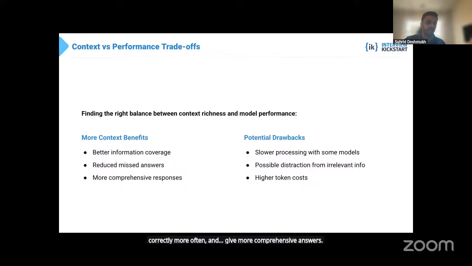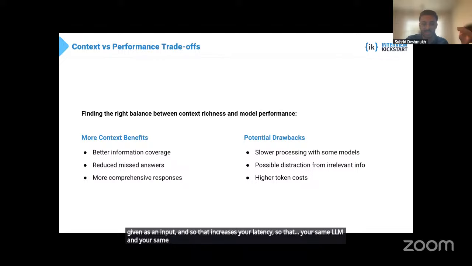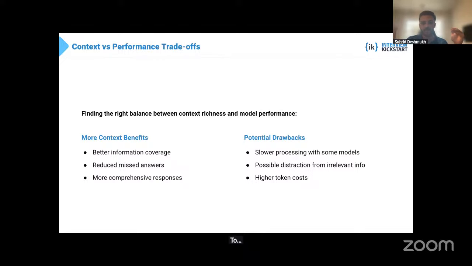But then, as you can imagine, because you're throwing more and more context and more text at the LLM, it has to process each of those chunks and the documents that you have given as an input. And so that increases your latency, so that your same LLM and your same RAG pipeline takes a longer amount of time to process that.